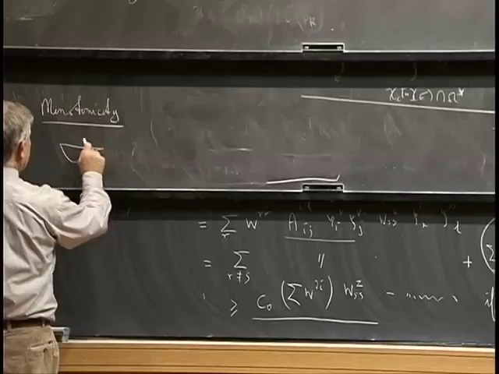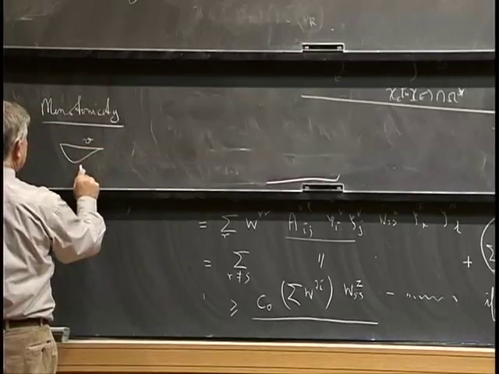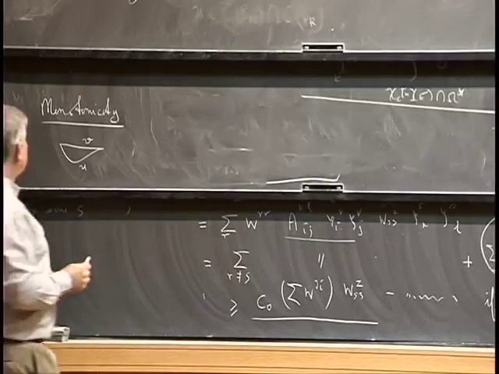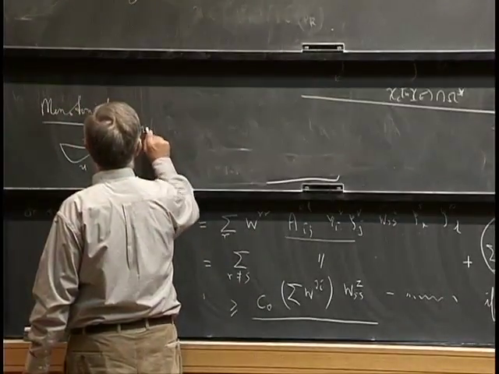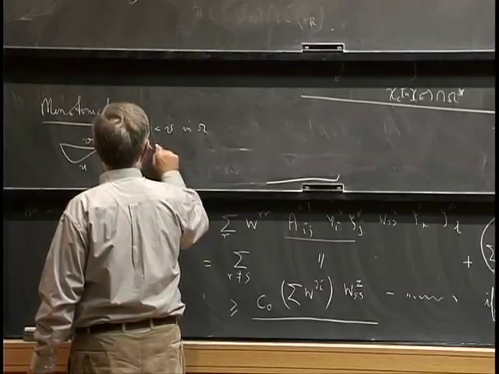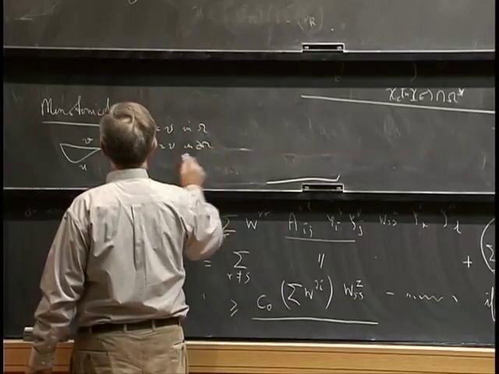Here's a C convex function V lying above a C convex function U, so U is less than V in omega, and U equals V on the boundary of omega, maybe less than or equal to.